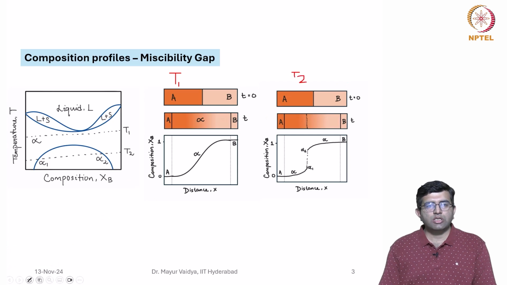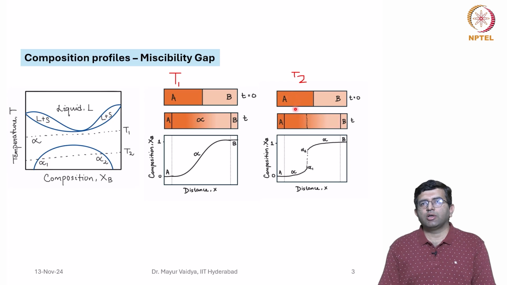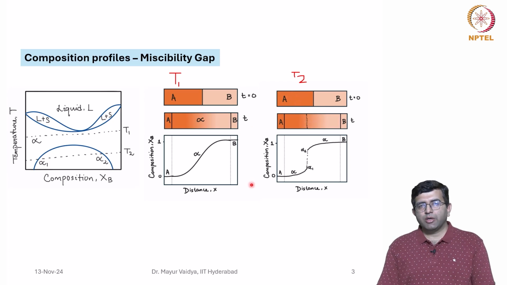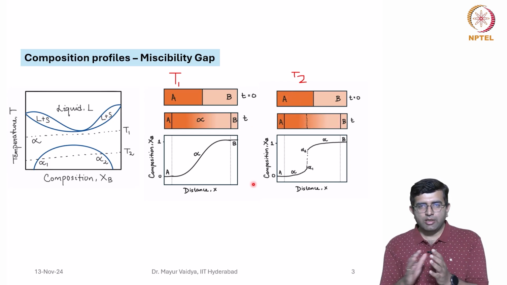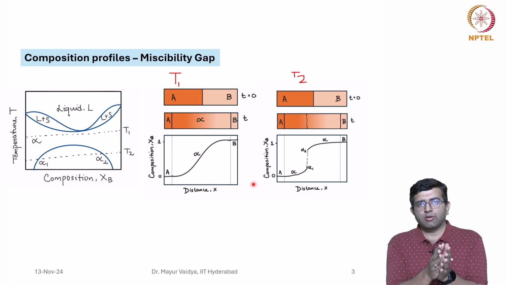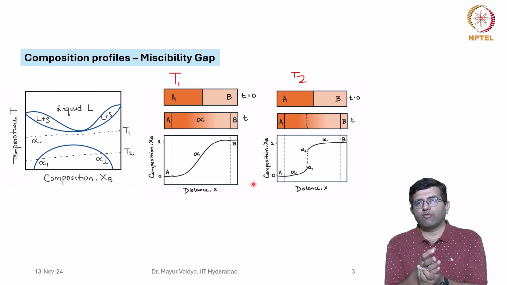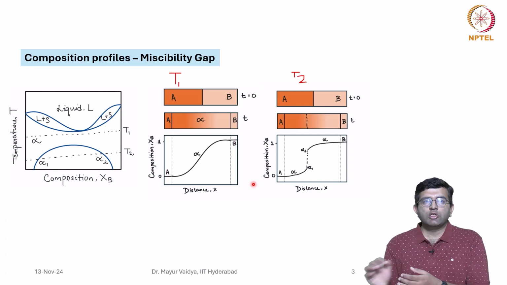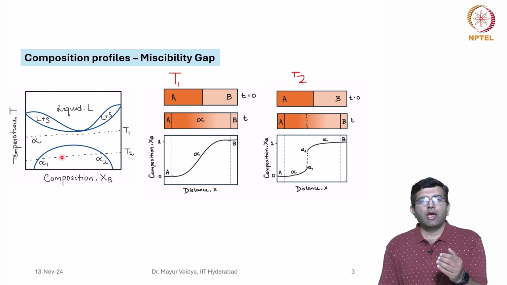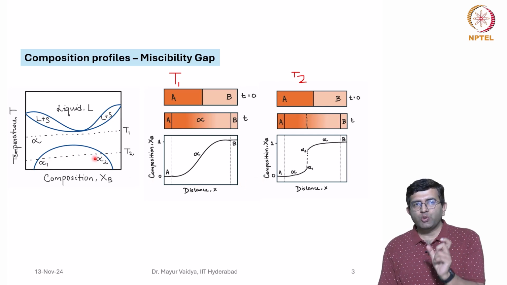Remember we talked about in lecture 12 that two phase regions cannot develop in an interdiffusion zone of a binary diffusion couple, and therefore, you will not see an alpha 1 plus alpha 2 region.